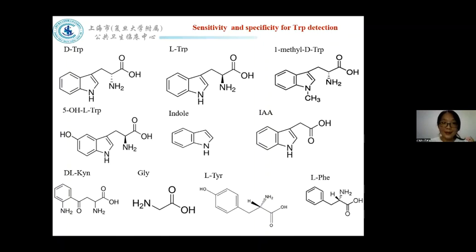Next, we explore the specificity for tryptophan detection by detecting the isomers of L-tryptophan and its catabolites such as kynurenine and its mimics who have an indole group, and the other two aromatic amino acids, tyrosine and phenylalanine.